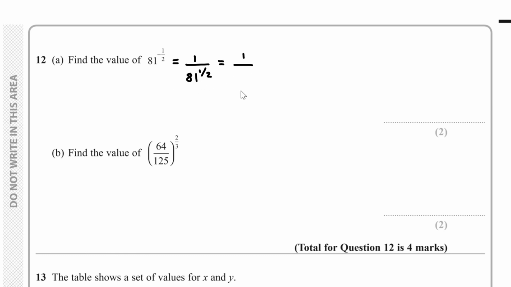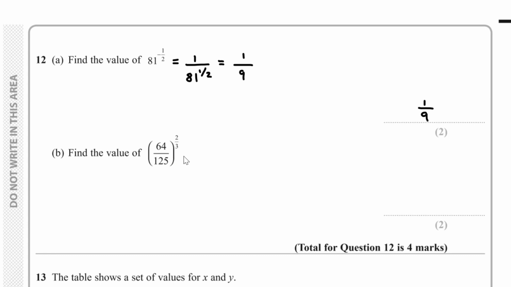So the positive square root of 81 is 9. So therefore, 81 to the minus 1/2 is the same as 1/9.